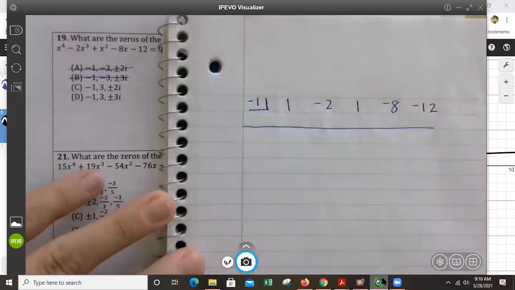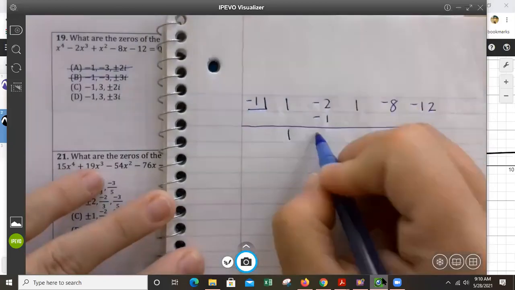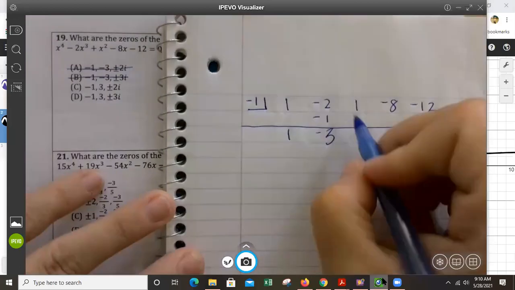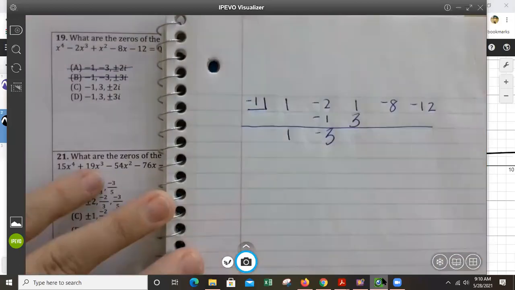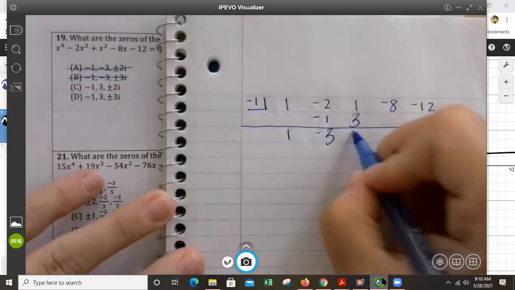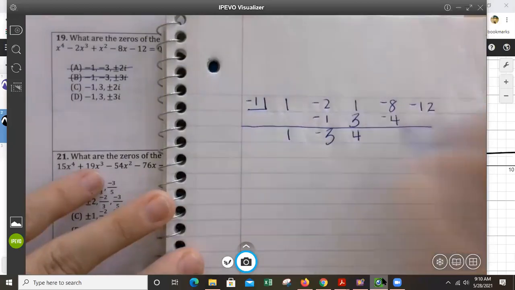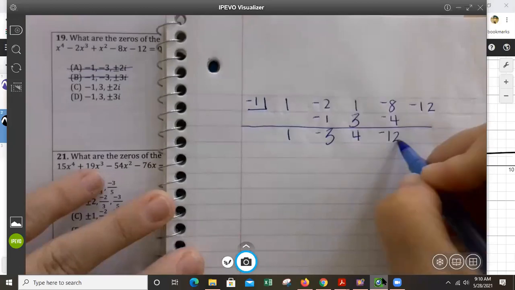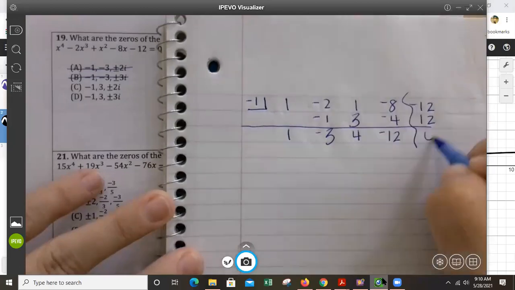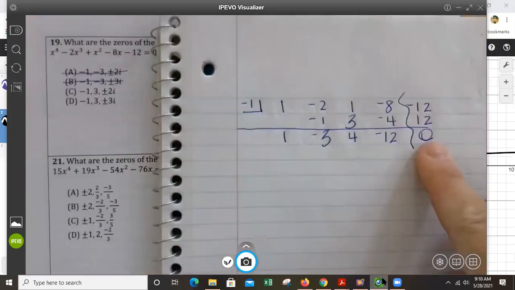This one did. Do your synthetic, bring down your 1 times negative 1 is negative 1. Add it, it's negative 3. Times negative 1 is positive 3. Add it, I get 4. Times negative 1 is negative 4. I get negative 12. I multiply it, I get positive 12. Remember, if it's an answer, I should get a 0. That's why they're called zeros.